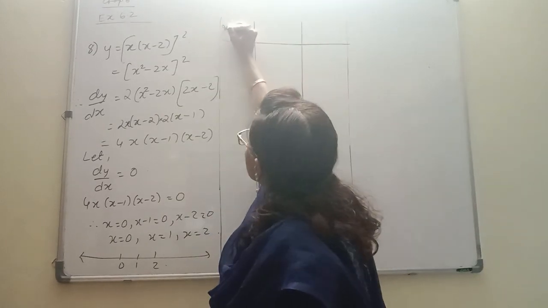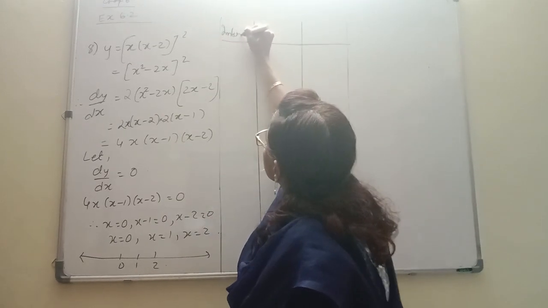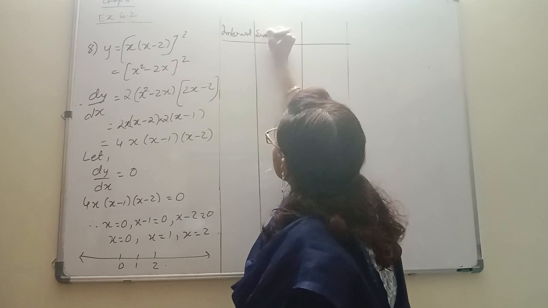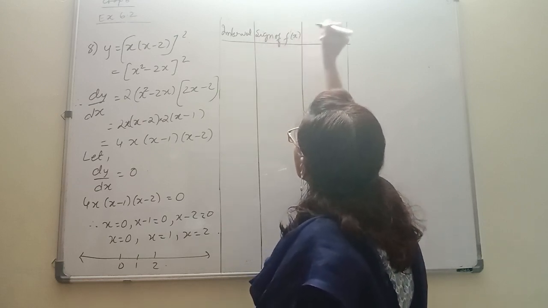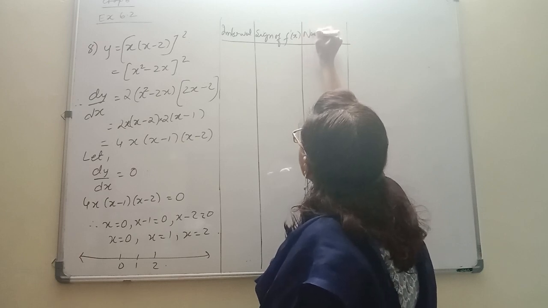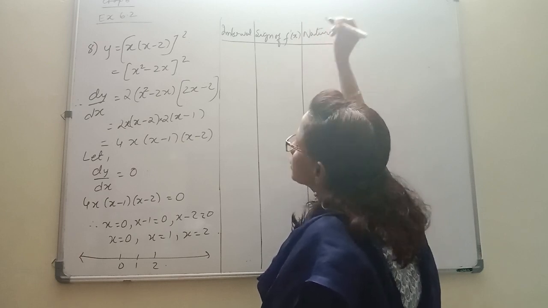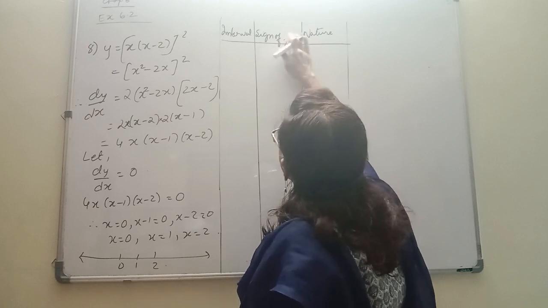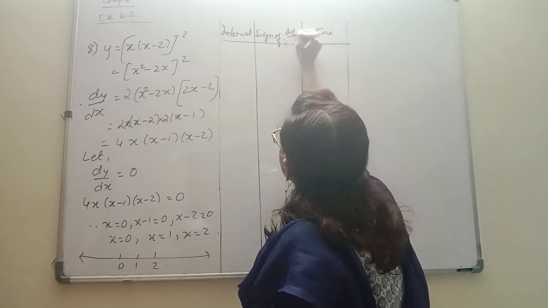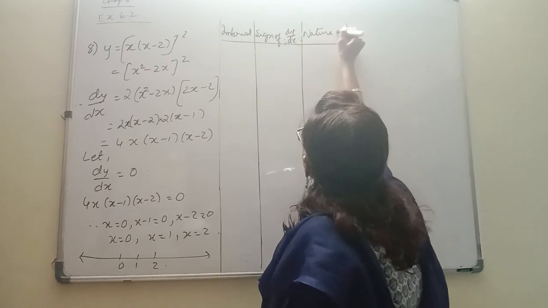We have the interval here, sign of f dash x, and this is the nature of f. We are dealing with y actually, so the sign of dy by dx.